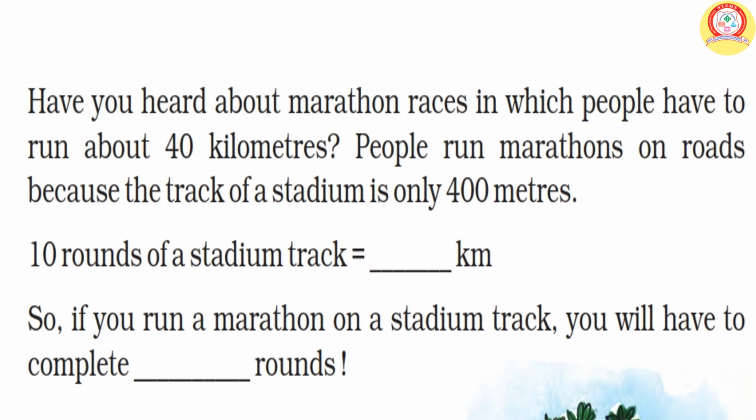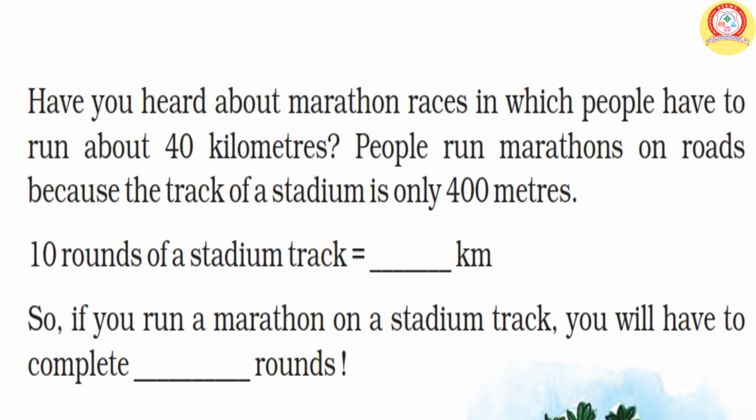If you have to complete the marathon in stadium, what will you do children? You have to take lots of rounds because 1 kilometer is equal to 1000 meter. So you have to take 40 kilometer. How much meter you will run? So you have to run 40,000 meter.